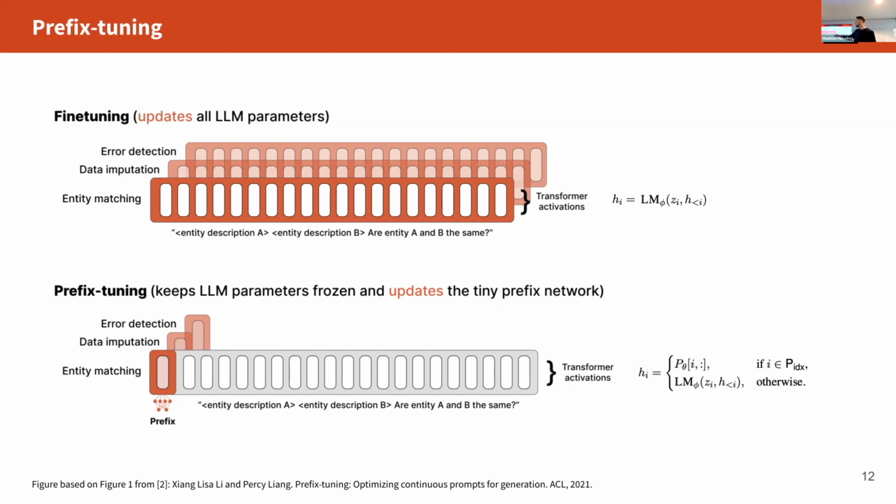So when fine-tuning, you update all your parameters, and your activation values are computed by those parameters that you update. However, when prefix tuning, you freeze all the parameters in your main network, and you add these activation values at the beginning, which are generated by a really small neural network.